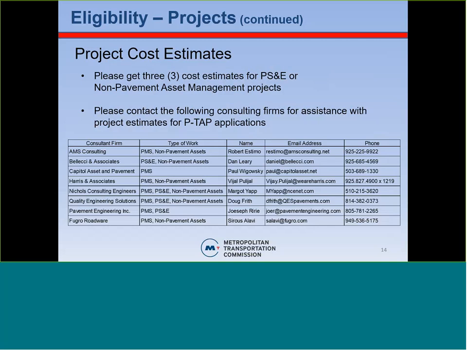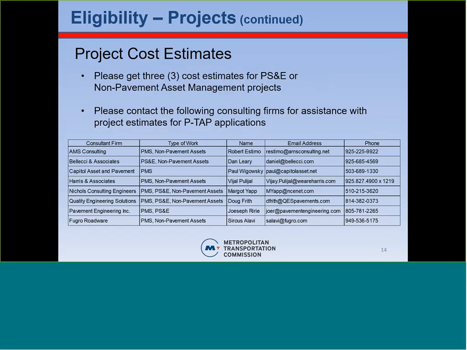These consulting firms are the ones that just got selected through the PTAP procurement, and they can help you with your non-pavement costing and your PS&E costing. And they can help you try to cost things for PMS too if you're a really large jurisdiction. So you want to get 2 or 3 cost estimates. 3 is preferable.